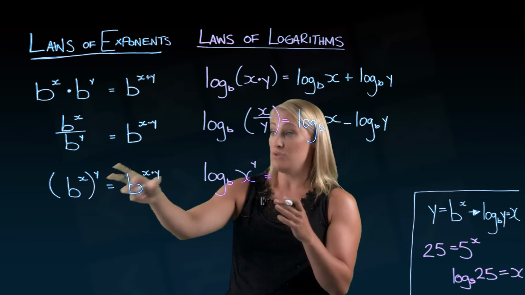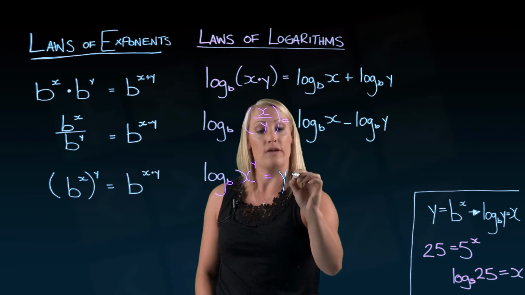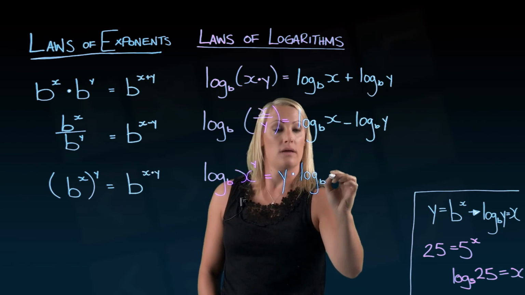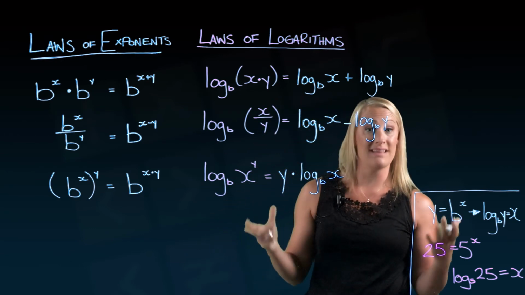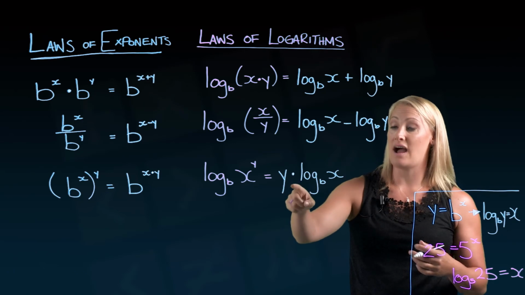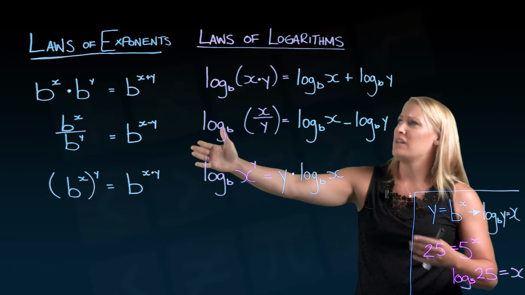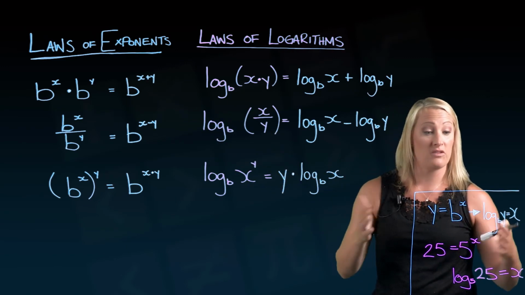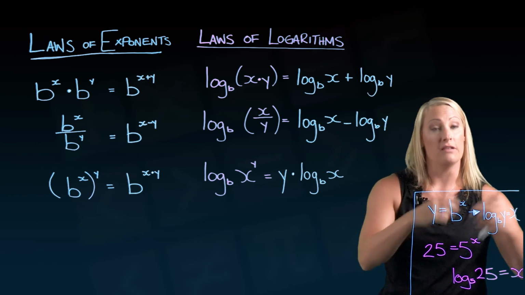What I can do, which relates to this, is I can take that y and I can pull it out front of the whole logarithm. So log base b of x to the power of y is the same as y times log base b of x. So hopefully that relationship between the laws of exponents and the laws of logarithms makes sense because of the relationship between exponential form and logarithmic form.